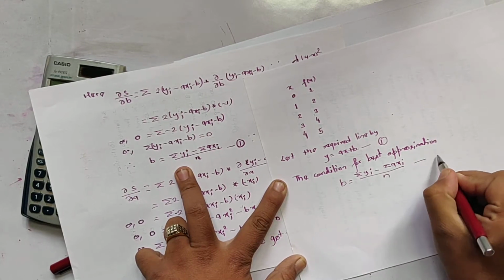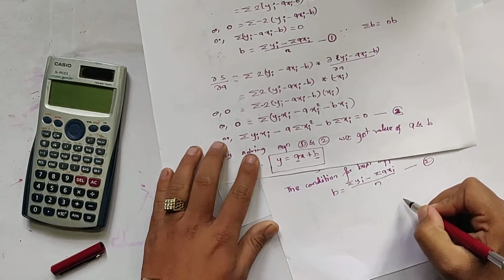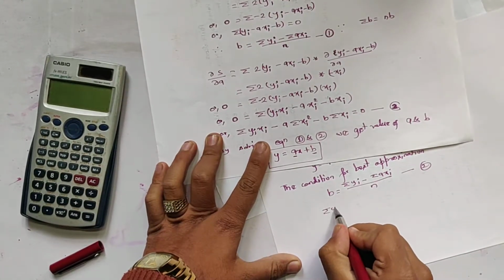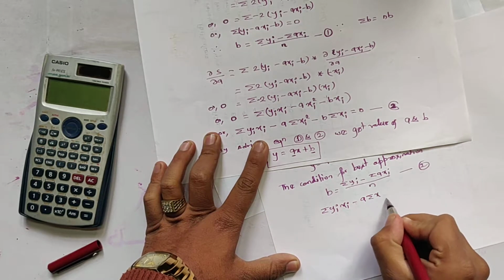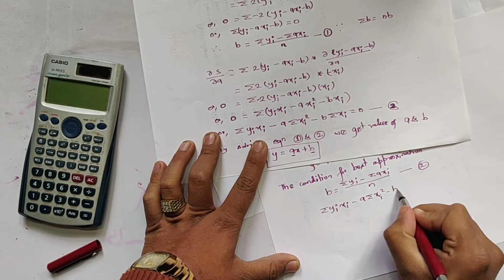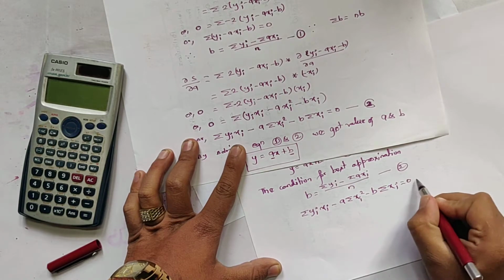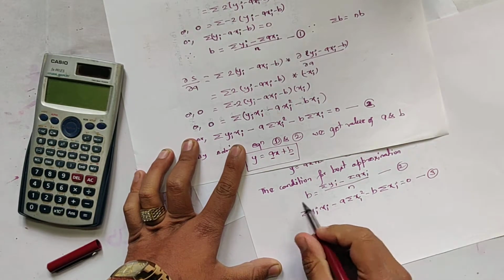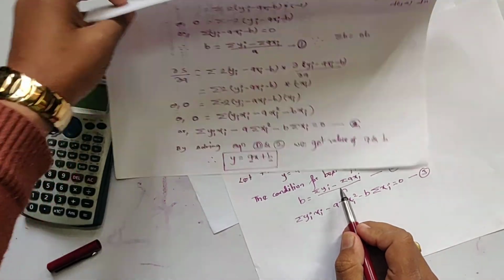This is one. And next was summation yi xi minus a summation xi square minus b summation xi equals 0. This is 3. So we have to find the value of b and a.